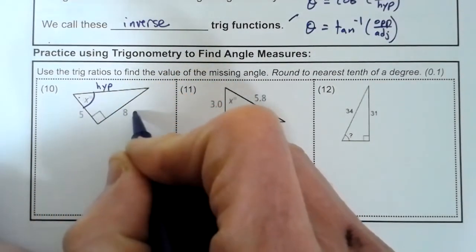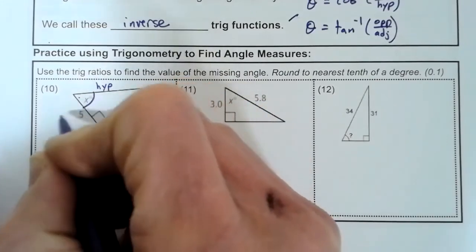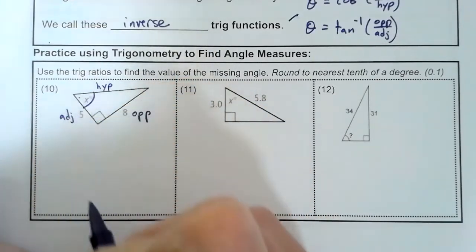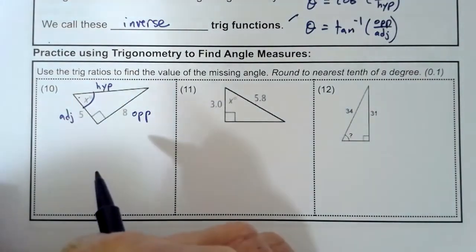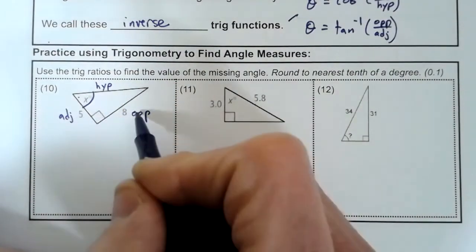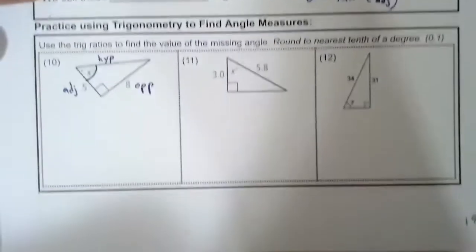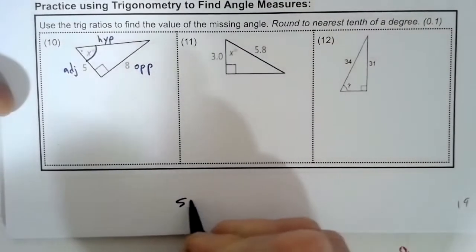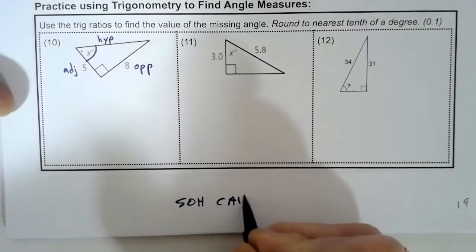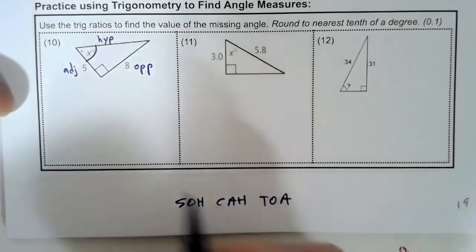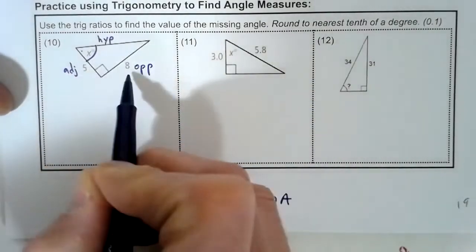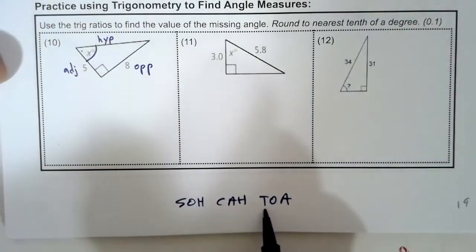This is going to be my opposite, and then this is going to be my adjacent. That's all that's left over. All right, so I have an 8 and a 5. I've got opposite and adjacent. So if I go back, let me rewrite it down here. TOA, opposite and adjacent, that points me towards tangent.